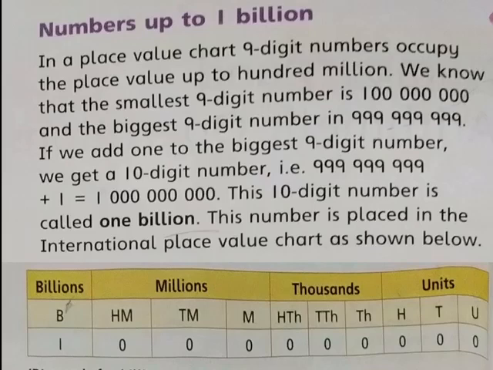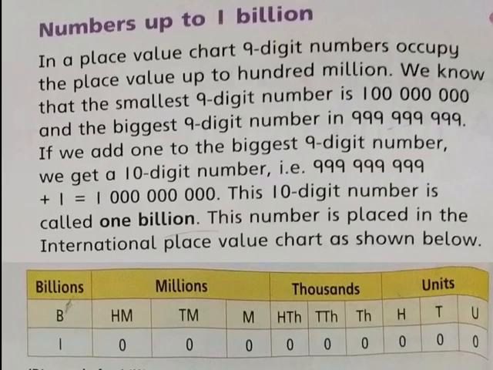With the help of this chart, we will learn that in 100 million there is a 9-digit number. Now we will count: 1, 2, 3, 4, 5, 6, 7, 8, 9. So in the 100 million block, there is a 9-digit number.